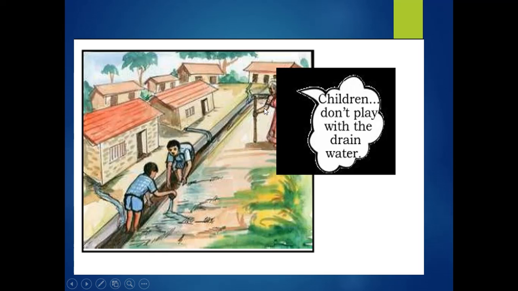Here you can see the grandmother advising the children that they should not play with the drain water. Why did grandmother tell you not to play with the drain water? If we play with the drain water, it will cause some disease.